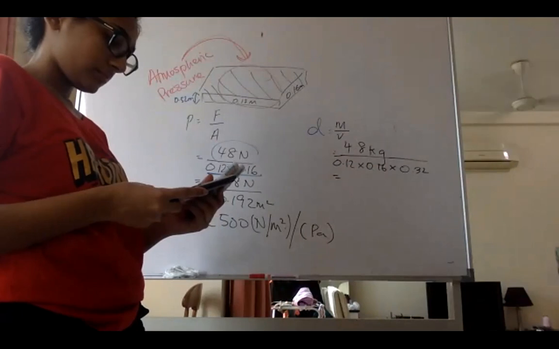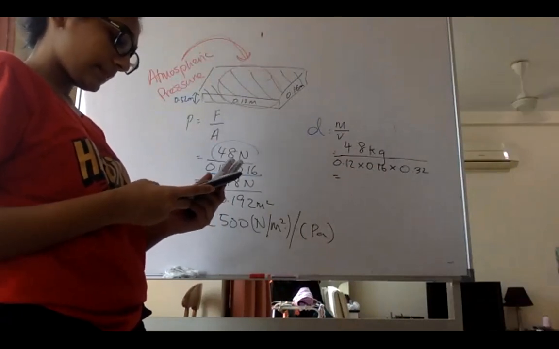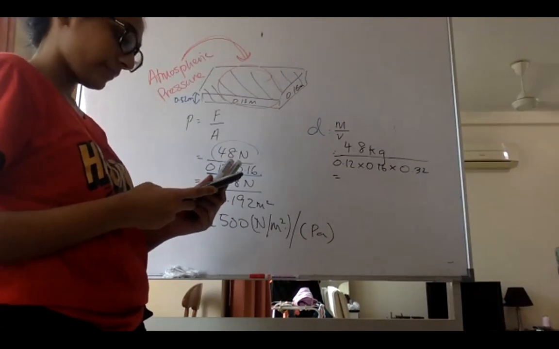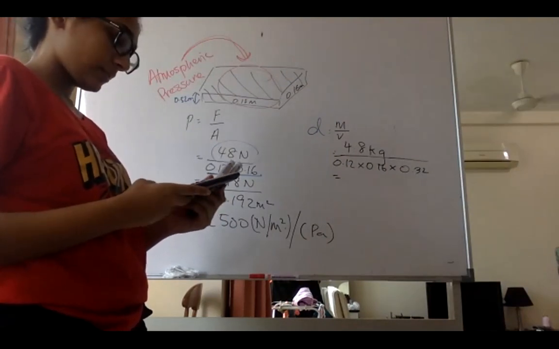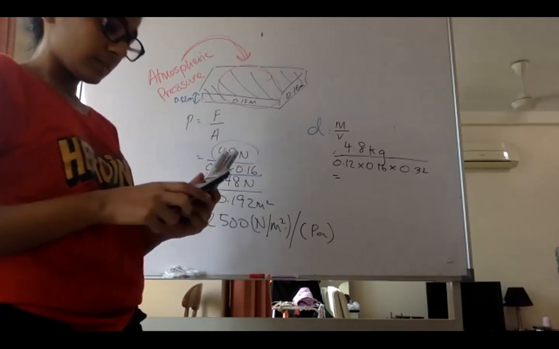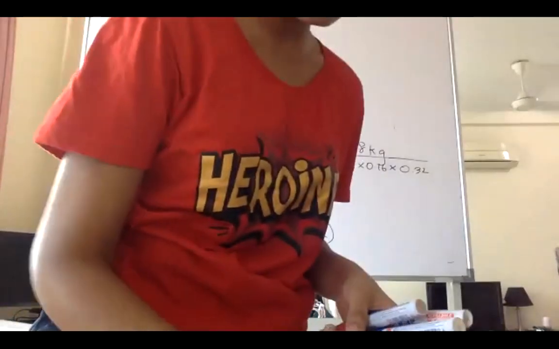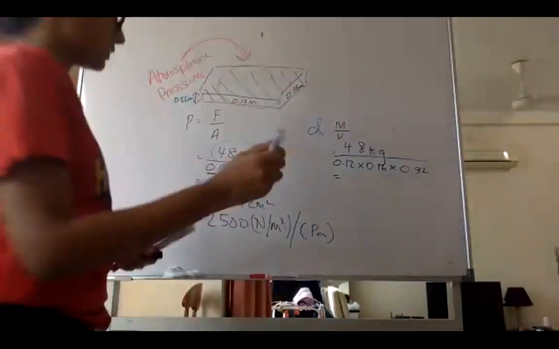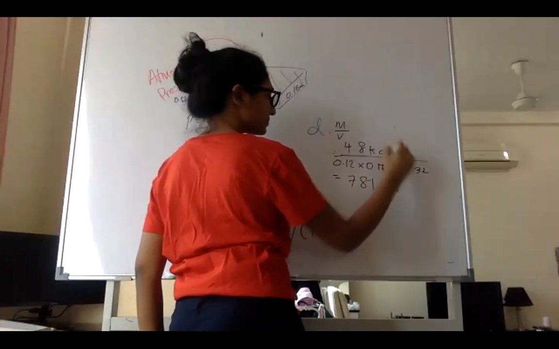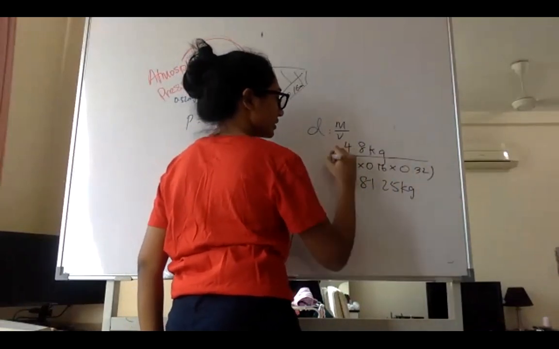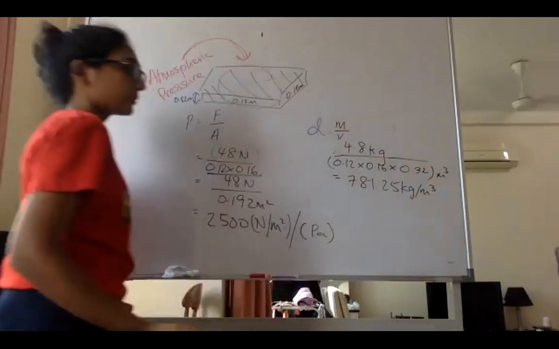781.25. Did you all get that? 781.25 kg per meter cube.